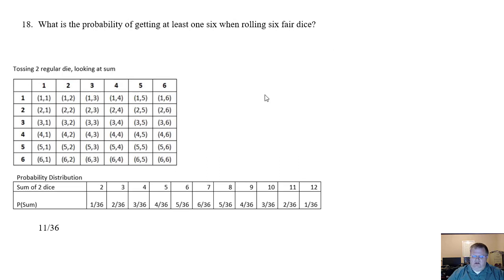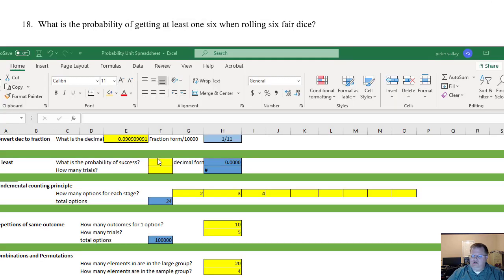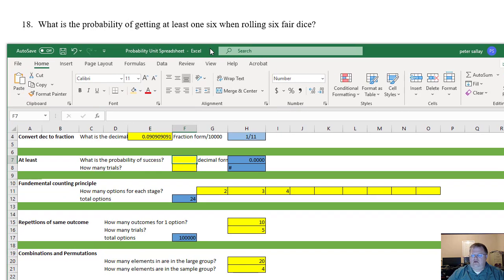Another way we could do this is we could look at our formula chart and we could think of this phrase at least, or at least 1, and that should show up. So let me kind of pull up the formula chart here. So in our spreadsheet, we're asked for the at least formula. We're asked to identify the probability of success.